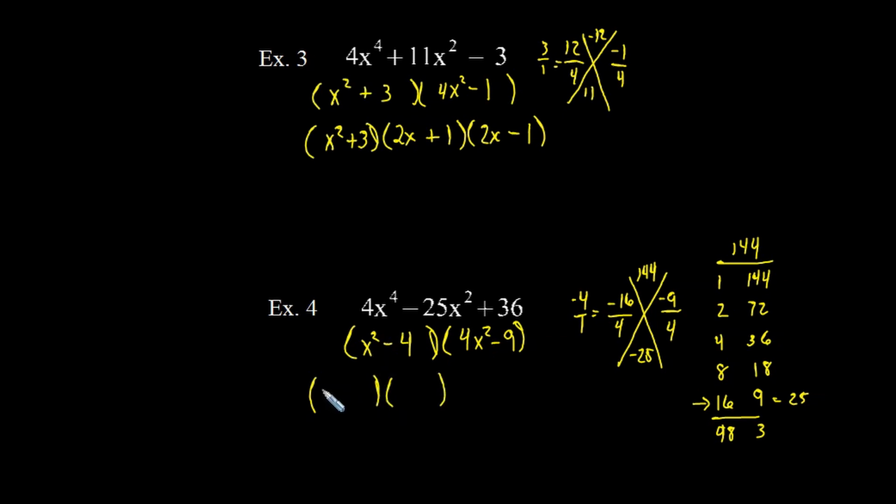So we're going to factor this first one into x minus 2 and x plus 2. And then this binomial will factor into 2x minus 3 and 2x plus 3. So once we see that, we have 4 linear binomials when we're finished. No more quadratic binomials to work with. So we will be done.